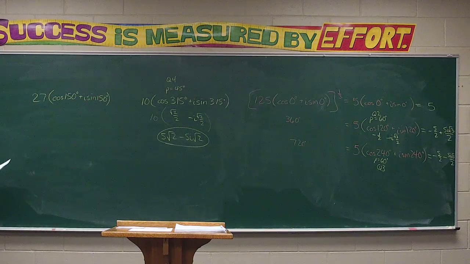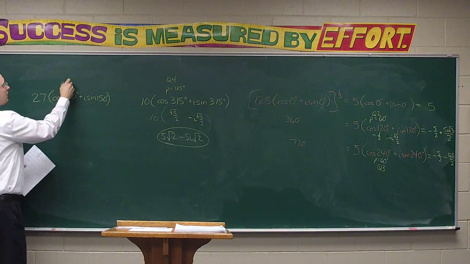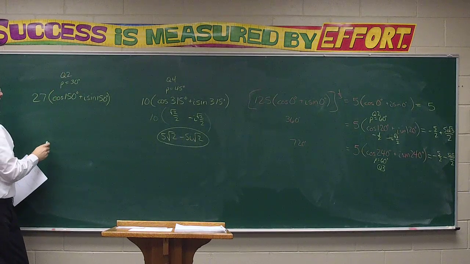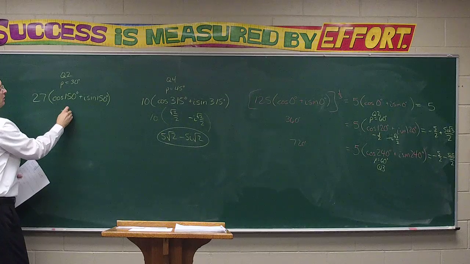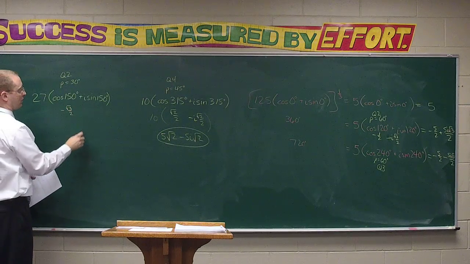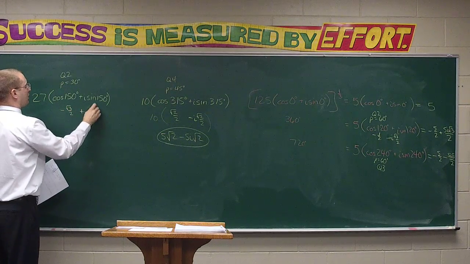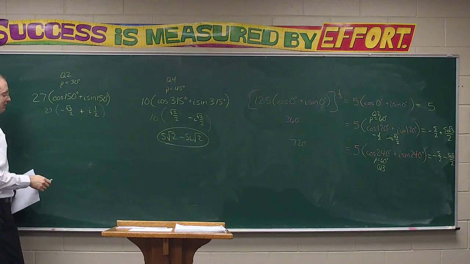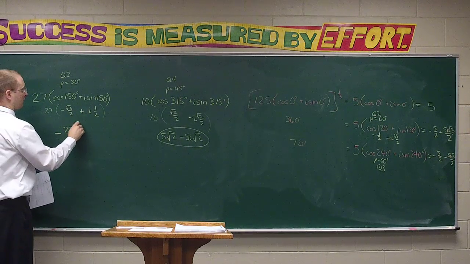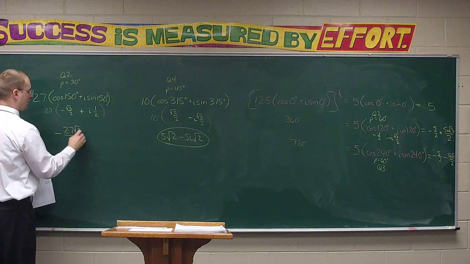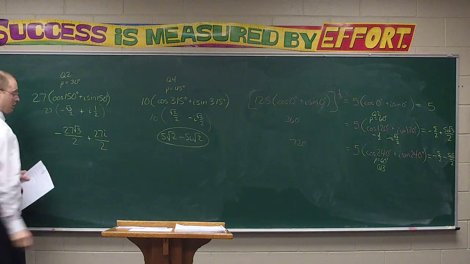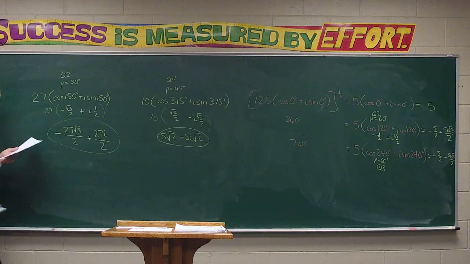Then you'll look at the reference angle of 30 and then quadrant 2. So it'll be a negative square root 3 over 2 and the positive i 1 over 2. And you'll have to distribute, and it'll end up being negative 27 times the square root of 3 all over 2 plus 27i over 2. There we go. There's our answer for number 5.